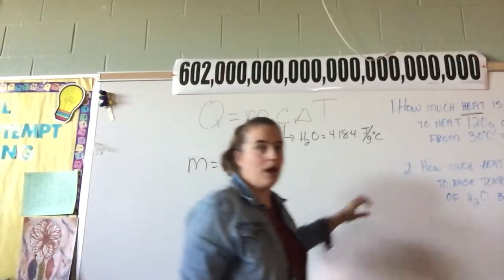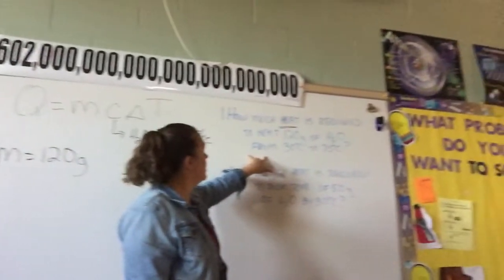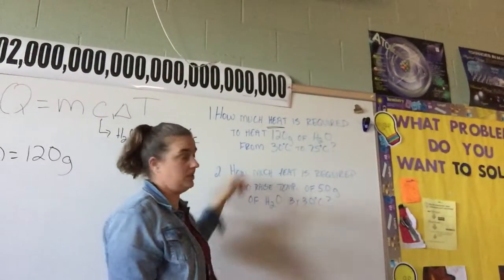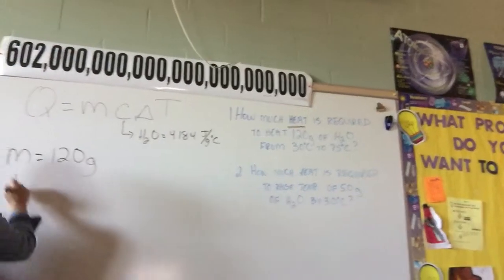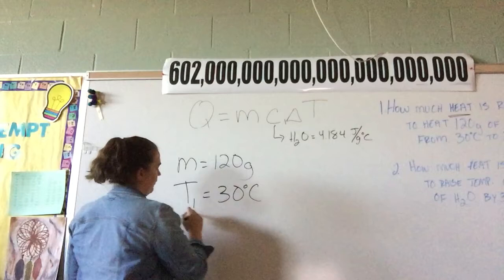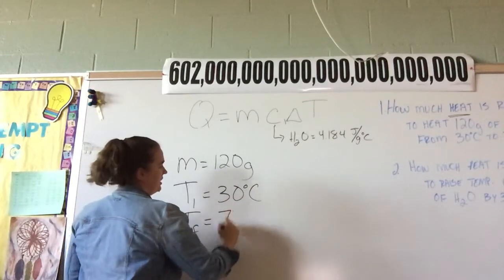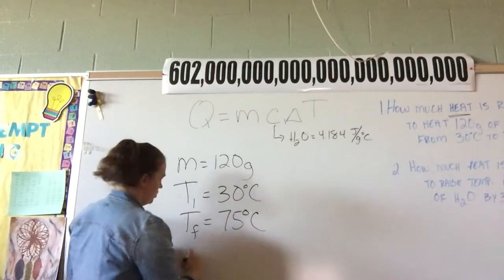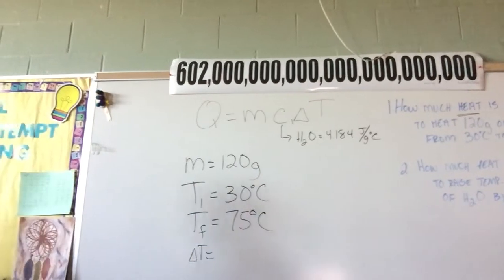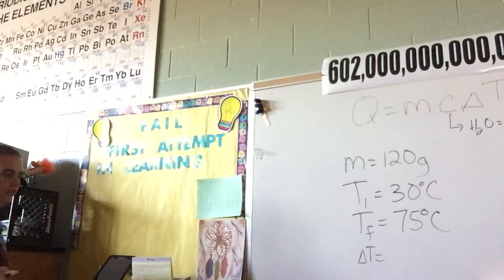And then if I look at my problem, I'm heating from 30 degrees Celsius to 75 degrees Celsius. So my initial temperature is 30, my final temperature is 75. So my change in temperature is 75 minus 30, which is 45.